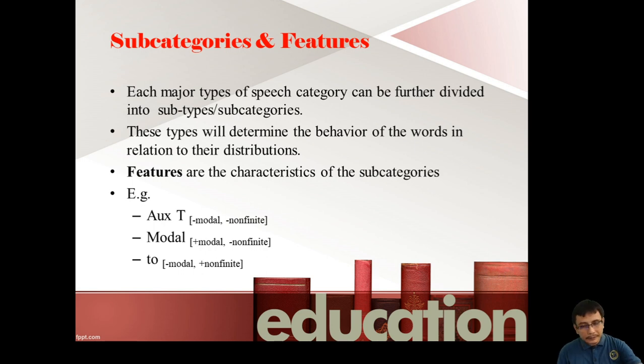And then we can further develop subcategorization in order to divide these categories into smaller units, because even though several words belong to the same group, we can identify some differences in the way they behave, so we can further divide them into subcategories, and we can divide this based on features. The term features refers to the characteristics of the subcategory.